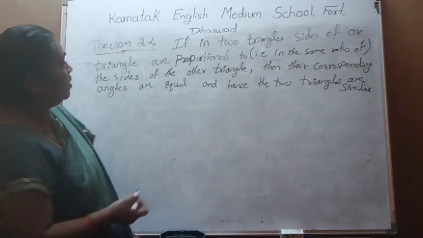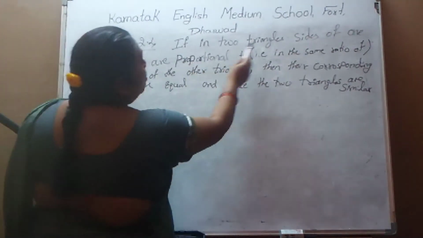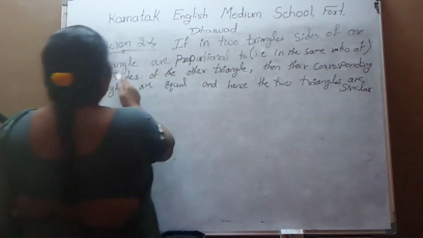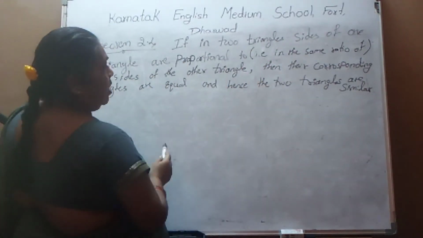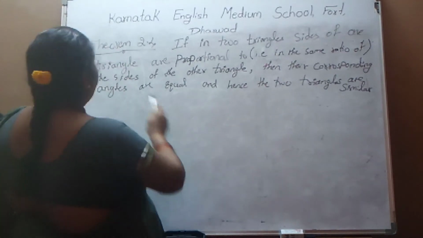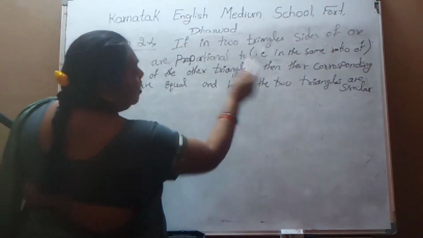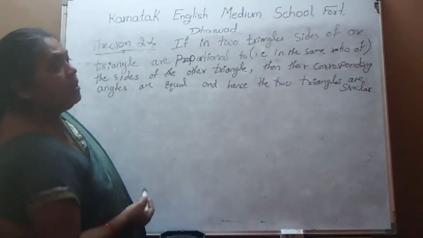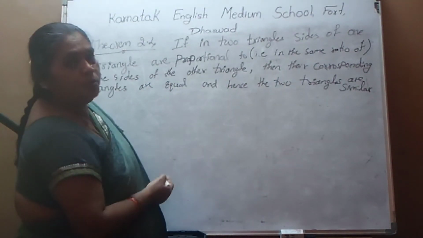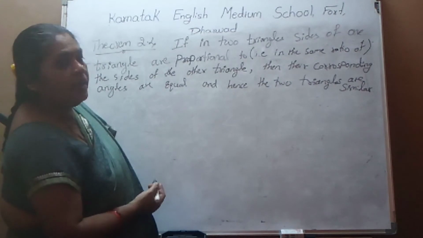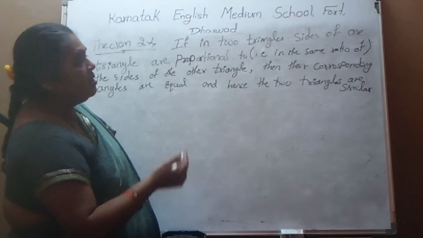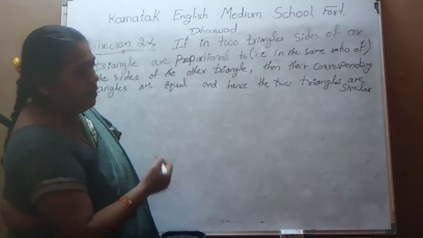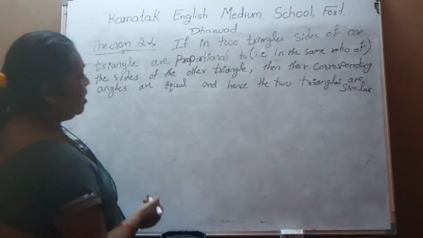If in two triangles, any two triangles, the sides of one triangle are proportional, meaning in the same ratio, to the sides of the other triangle, then their corresponding angles are equal. You have to prove their corresponding angles are equal. Hence, the two given triangles are similar.